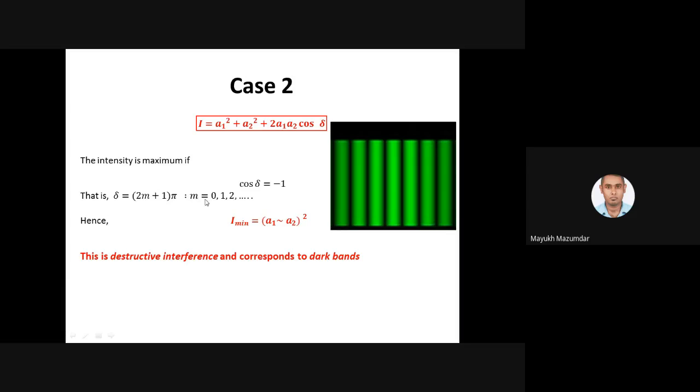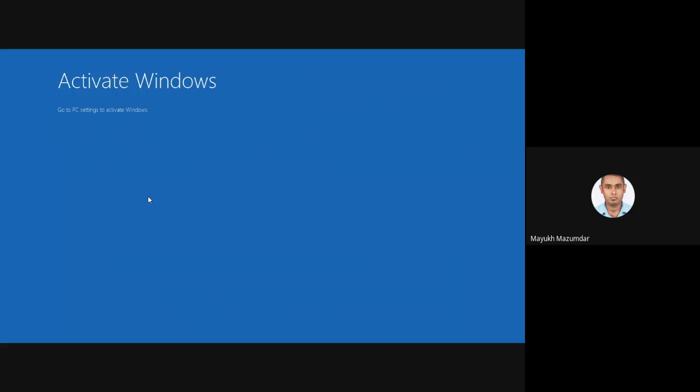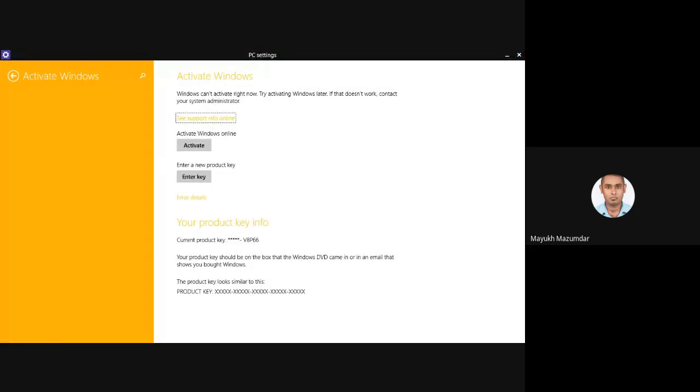Now you can say that, sir, you just said that for m equal to 0 we get the central band which is bright. But here if you put m equal to 0, what you will get?